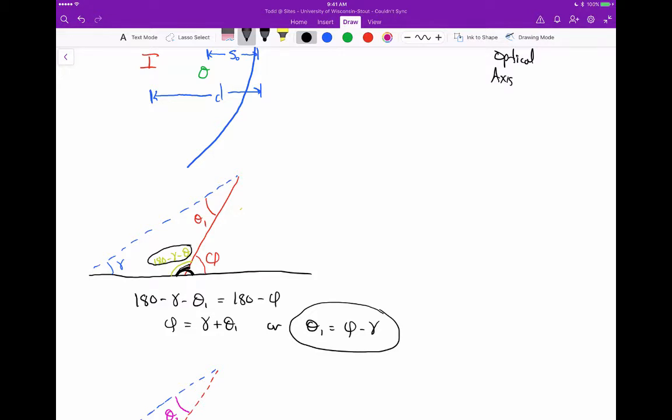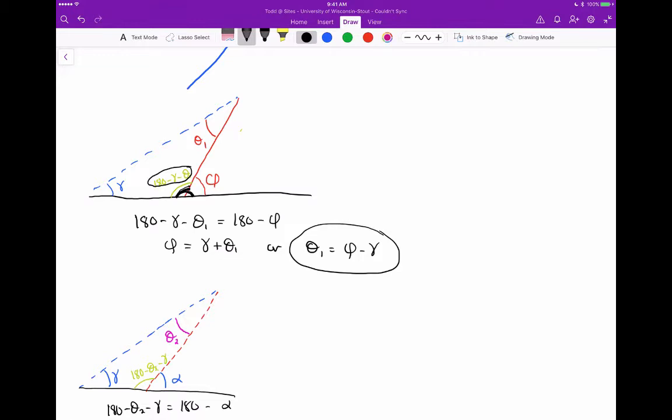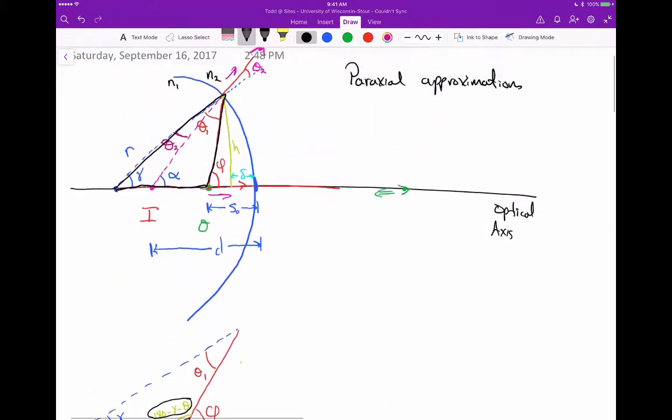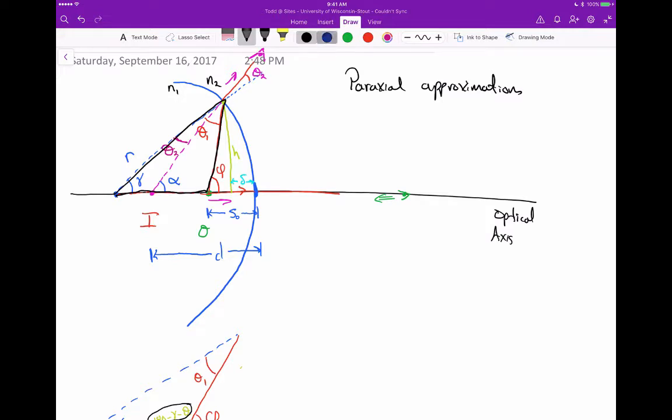Then I'm going to draw this triangle here that involves gamma and alpha and theta 2. So if we go back to our original drawing, we'll see that this is involving gamma, alpha, and theta 2. This is this guy right here.